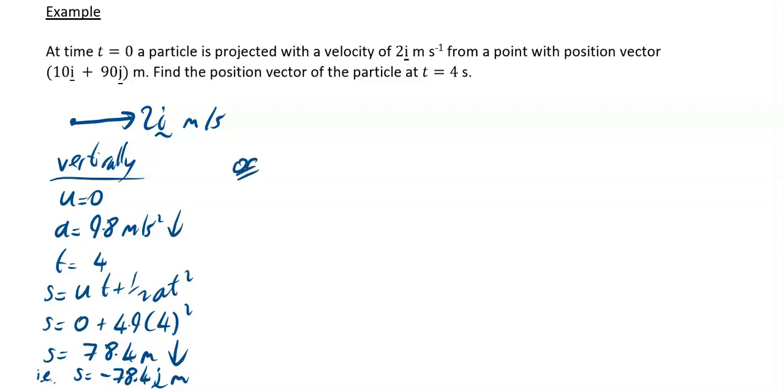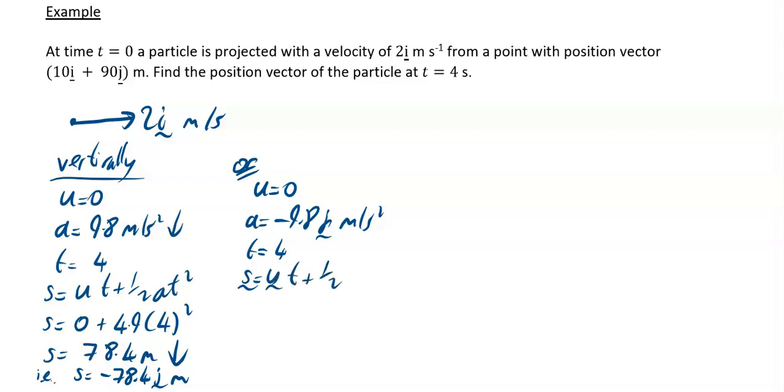Right, just to show you another way that we could do this, we could say your u is equal to 0, your a is equal to 9.8 meters per second squared. Sorry, I made the same mistake. Your a is equal to minus 9.8 j meters per second squared. Your t is equal to 4, and then your vector s is equal to u times t plus a half times your vector a times t squared.